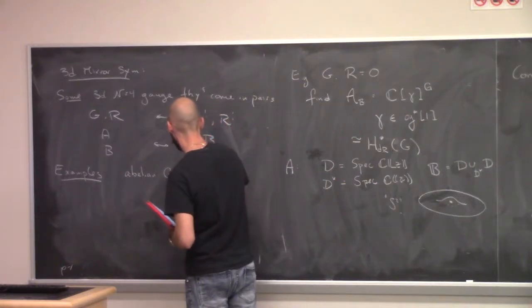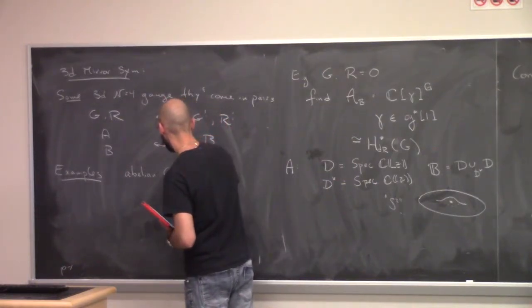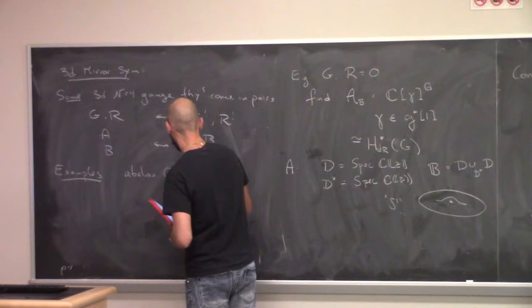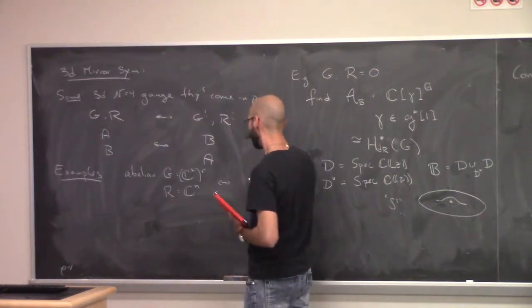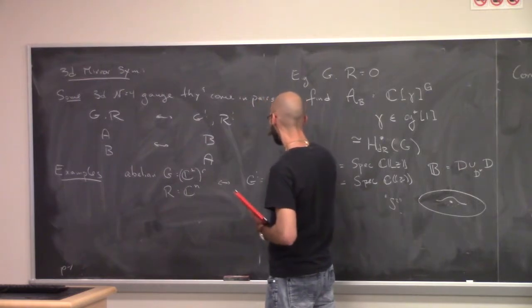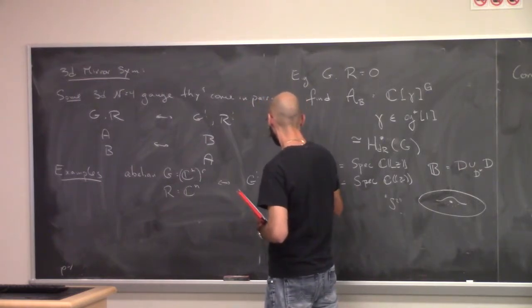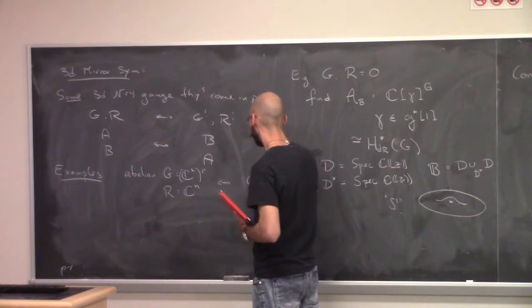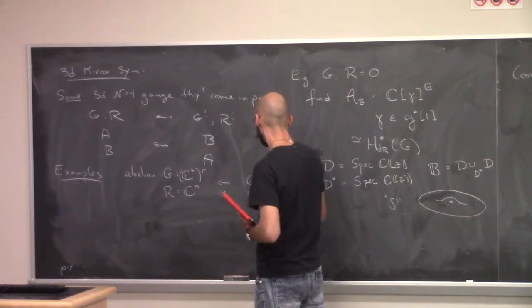If G is C star to the R and the representation is C to the N, this is mirror to a gauge theory with group C star to the N minus R and representation also C to the N.